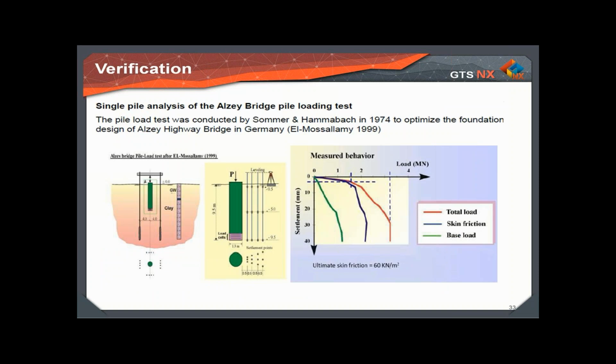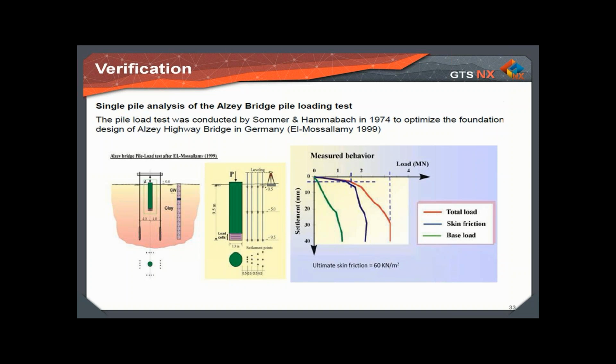We did a validation for this when it was introduced to GTS NX, and we tried to resimulate one of the examples where there has been extensive monitoring, a pile of one of the highway bridges in Germany, presented by El Mossallamy in 1999. It shows the full pile load, deformation behavior, the total load, skin friction, and the base load.